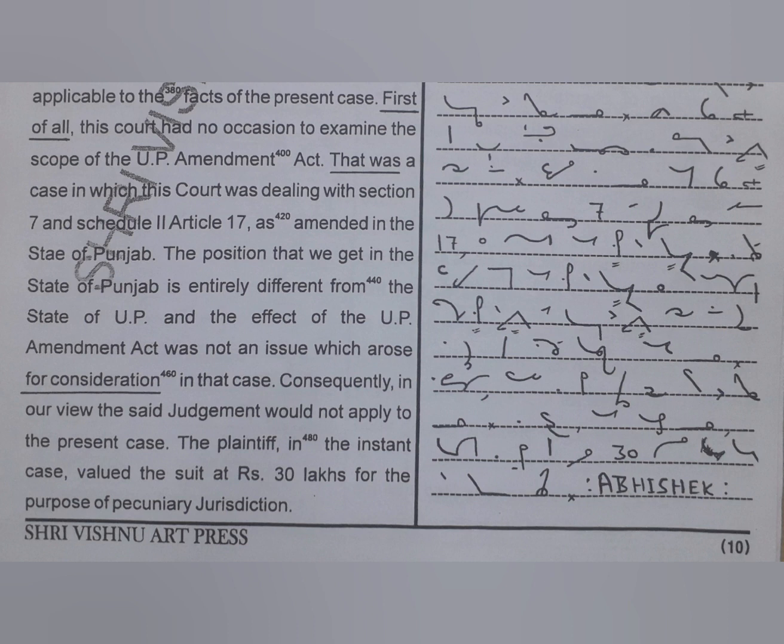The position that we get in the state of Punjab is entirely different from the state of UP and the effect of the UP Amendment Act was not an issue which arose for consideration in that case. Consequently, in our view, the said judgment would not apply to the present case.